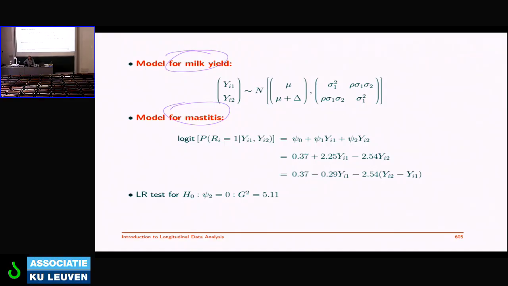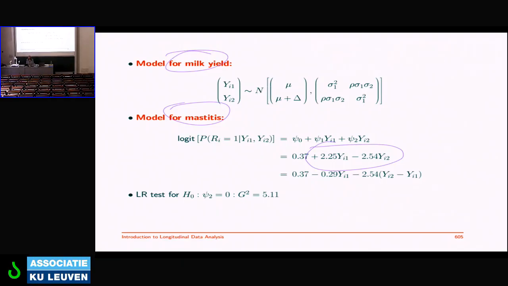Okay, fitting the model as a whole we can do, but if we for now focus on the parameters describing the mastitis, what we see is an actually commonly observed phenomenon, namely the coefficient of year 1, 0.225, and the coefficient of year 2, 0.254, are the same except for the sign, or almost the same except for the sign.